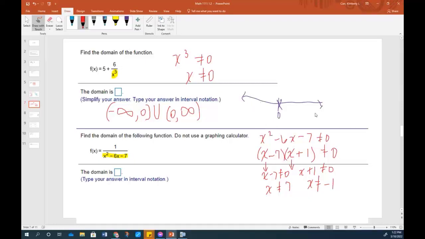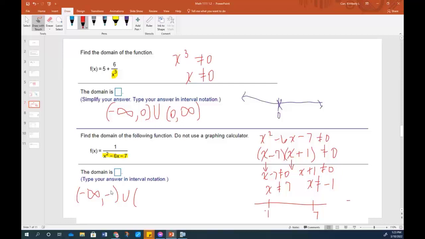So on this number line from left to right, we're going to start at negative infinity, but we have to skip over these two numbers. So it's going to be a little bit longer. So negative infinity, always open at infinity, always use parentheses. Negative 1 is the first number I would skip. If you could visualize that number line, negative 1 is somewhere to the left of 7.